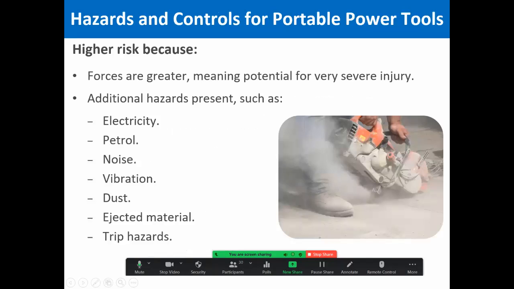Okay, what are the hazards and controls of power tools? Power tools, as I discussed earlier, are those tools which are operated on power. So power obviously comes from electricity. The risk of using power tools is much higher because the forces involved are much greater, which means that the potential for very severe injury exists.